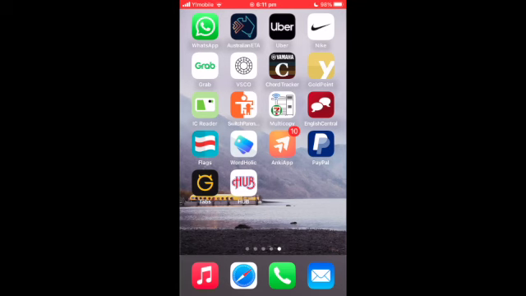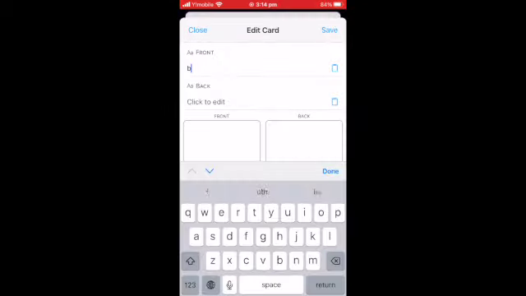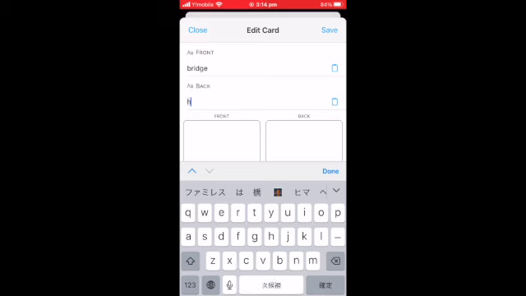Basically, it's a flashcard system. And for each new vocabulary, you make a flashcard. There's a front side where you write the word. And then you write the Japanese translation if you want, or maybe a picture or something to help you understand the word.